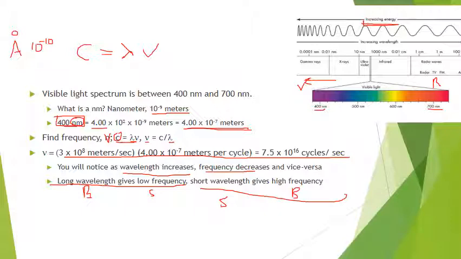If you look up here, these guys over here are high frequency, small wavelength. These guys are low frequency, long wavelength. The reason is that the speed of light is constant. Therefore, as one of these changes, the other one has to change inversely.